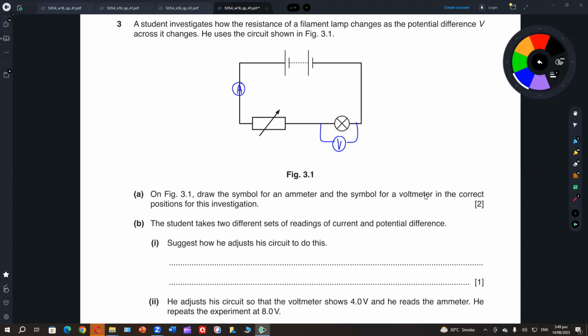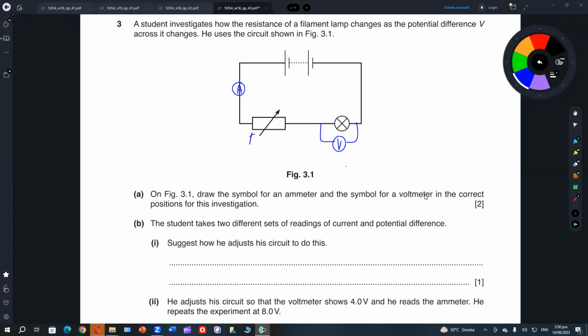The student takes two different sets of readings of current and voltage. How does he adjust his circuit to do this? By adjusting the variable resistor. So we have a variable resistor.